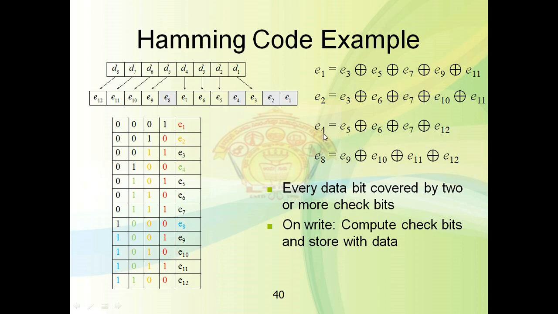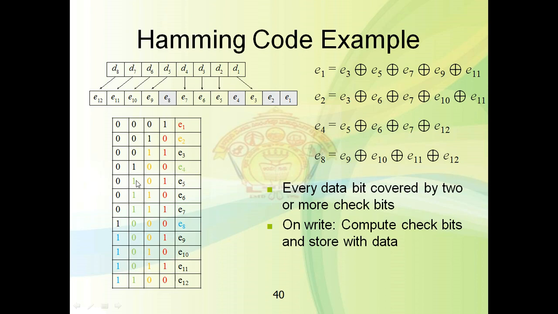Likewise we can calculate E4. For E4, go for the third row, leave the fourth position and go in the downward direction, where you will get 1, and collect those terms together.